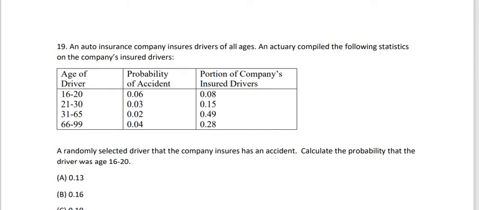So problem 19, this one is easy. We split all people into these 4 parts based on their age. For those people, the probability for accident is this, so much chance for this accident to happen, and the portion of company's insured drivers.